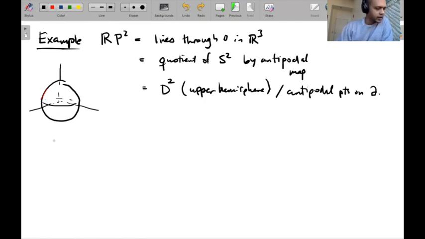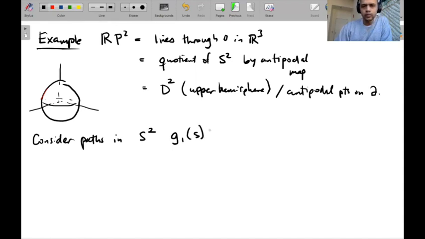So now let me tell you a couple of loops. So first, consider paths in S2 given by G1 of S is going to be cosine pi S, sine pi S, 0.